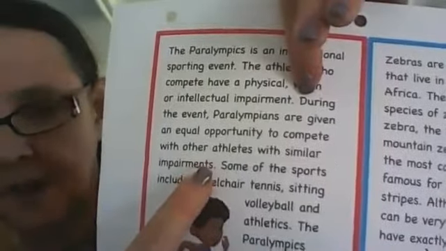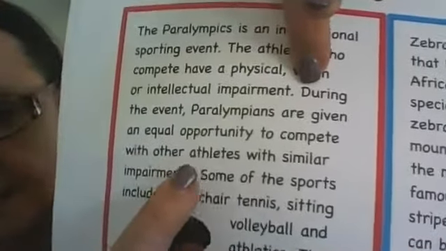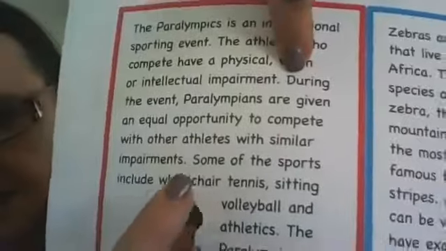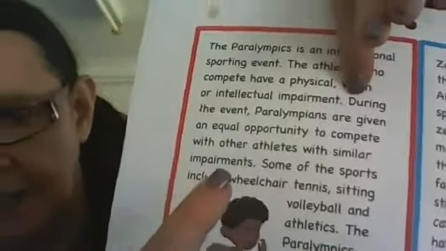During the event, Paralympians are given an equal opportunity to compete with other athletes with similar impairments. At the Paralympics, people who have some kind of disability compete with other people who have a similar kind of disability. So this is what I'm going to infer from that.